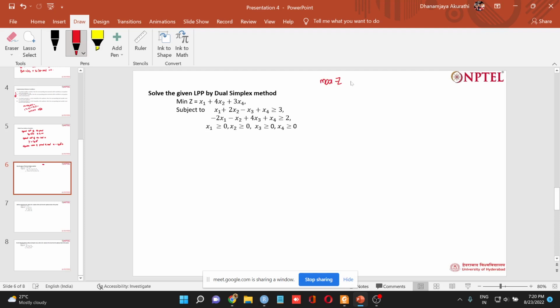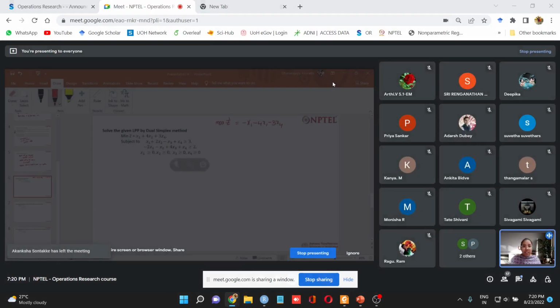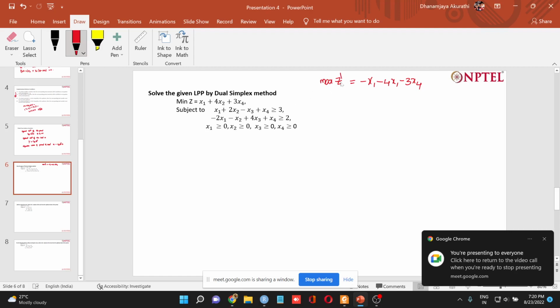So maximize z dash, which is equal to minus x1 minus 4x2 minus 3x4 for the maximization case. Then here our constraints are all greater than or equal to sign. In a standard LPP, what would be the constraint?